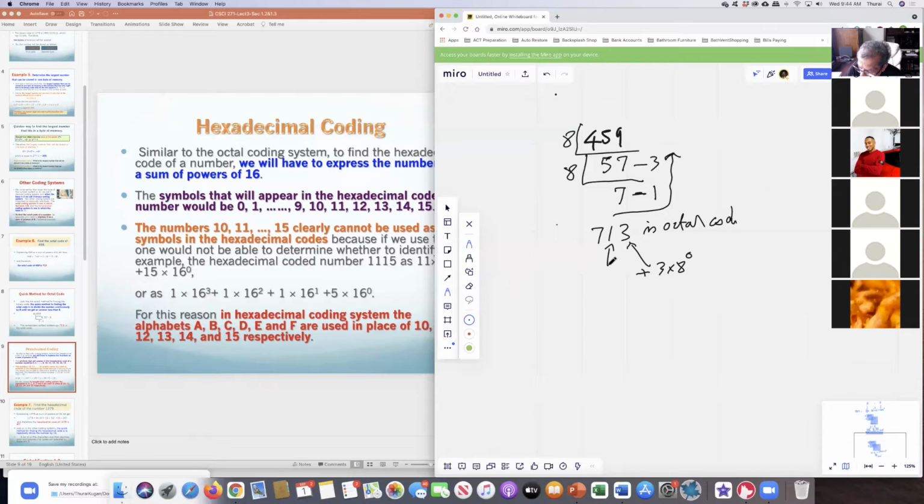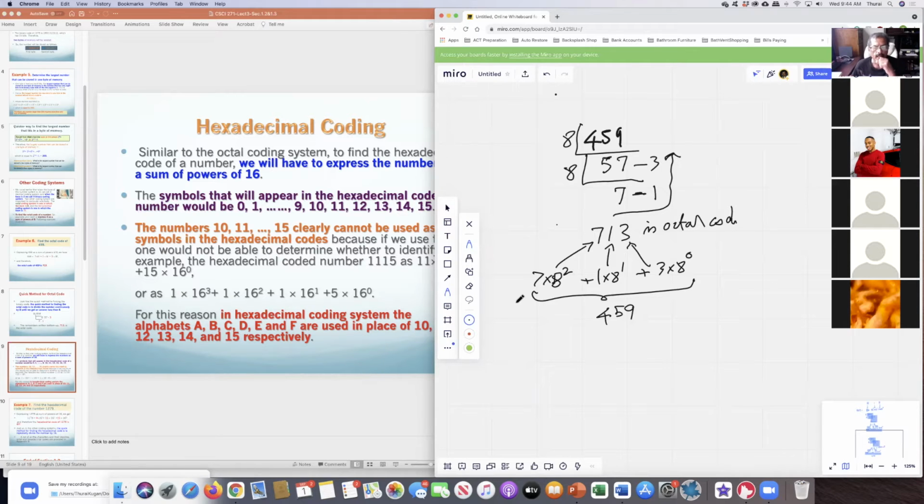The 1 represents 1 times 8 to the 1. 7 represents 7 times 8 to the 2. So this expression simplified will be equal to 459. You simplify this to get the decimal code of the number.